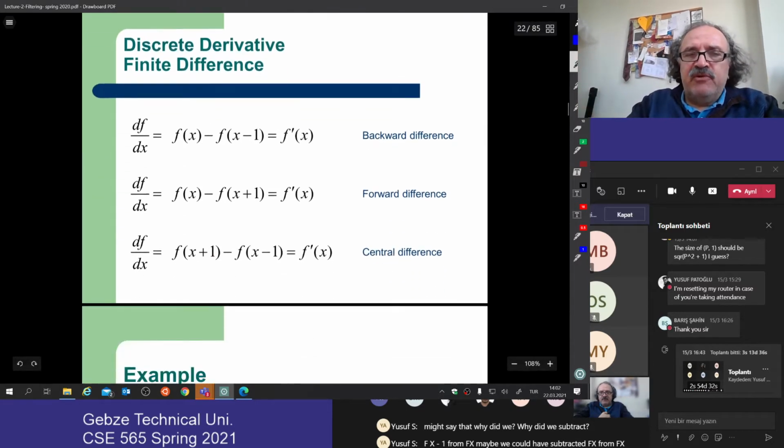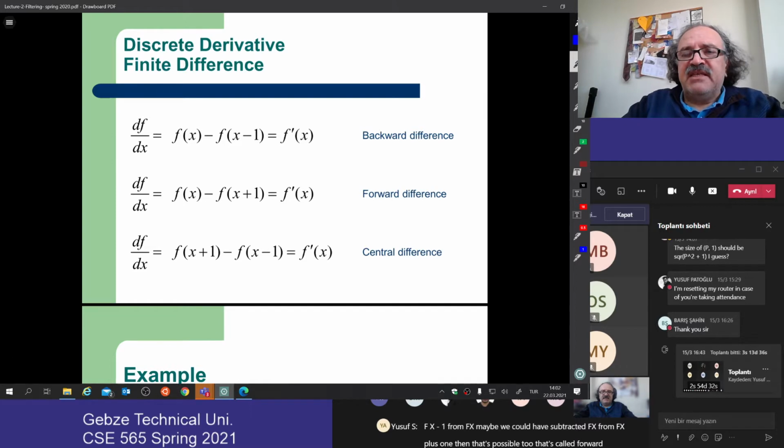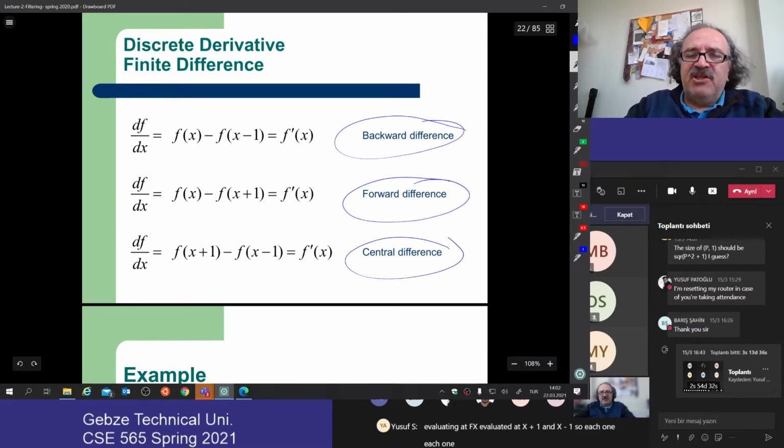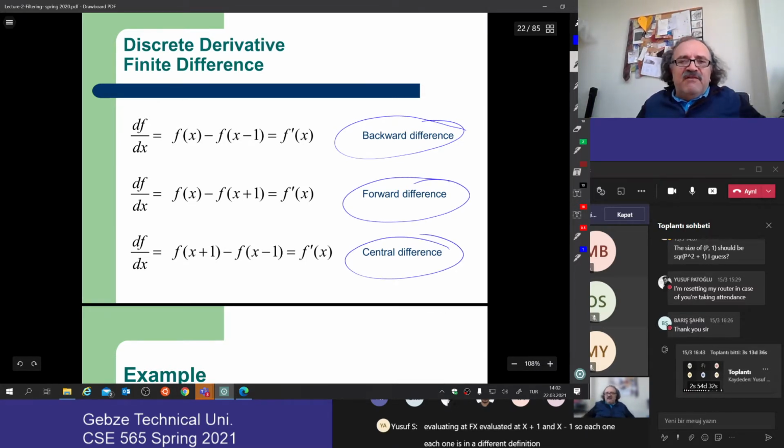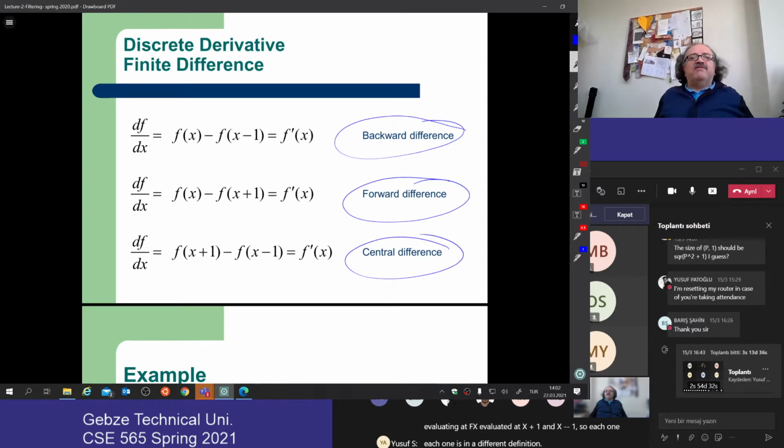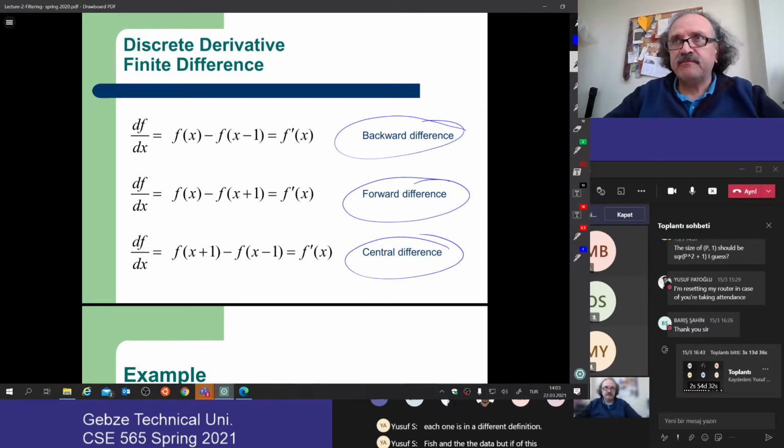That's possible too, and it's called forward difference. And there is a central difference, where without evaluating at f(x), we evaluate at f(x plus 1) and f(x minus 1). Each one is a definition of the derivative of this discrete function.